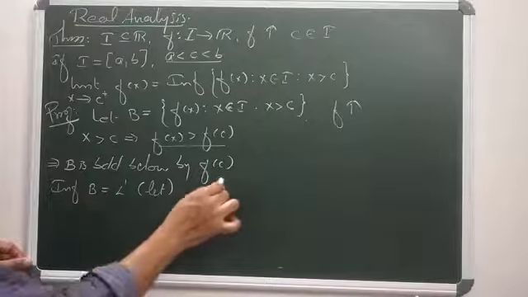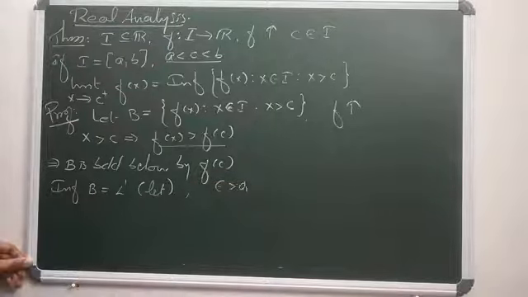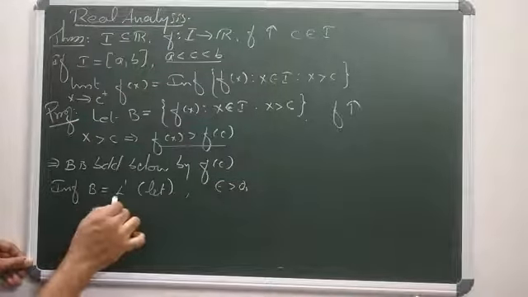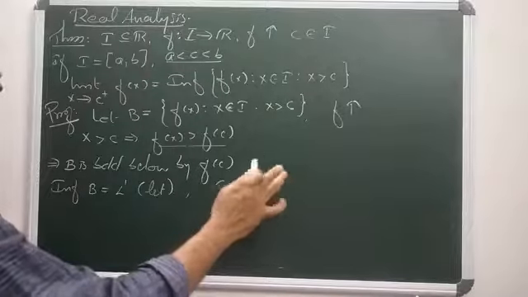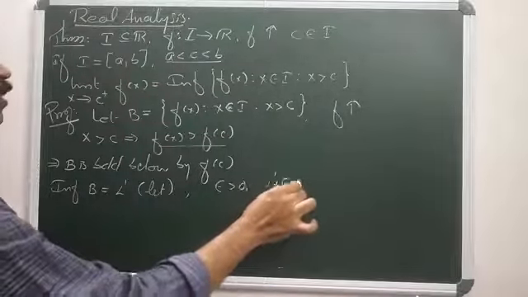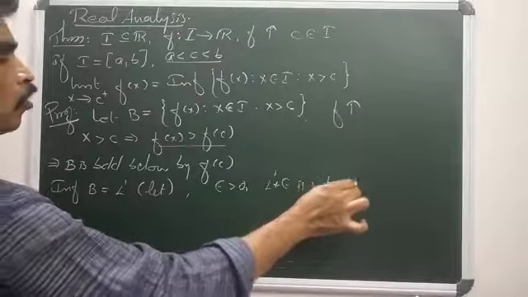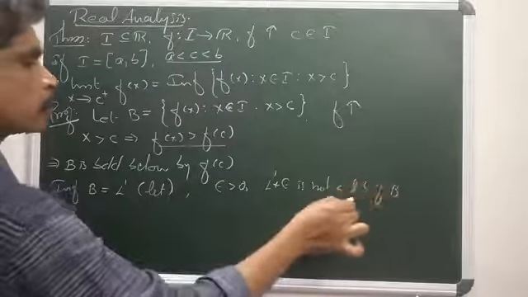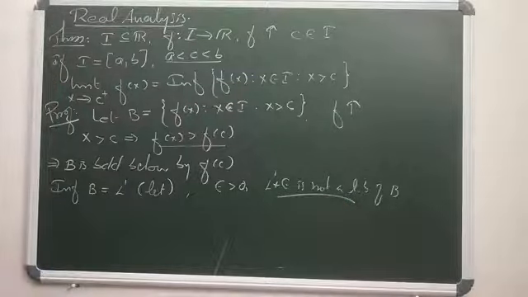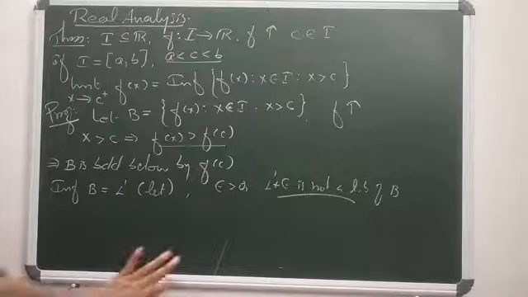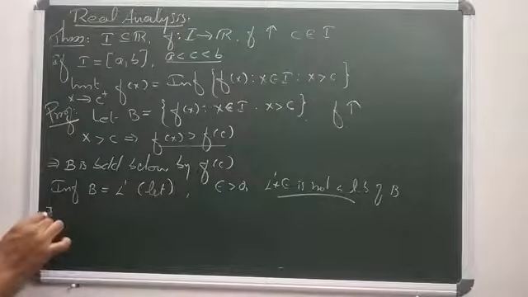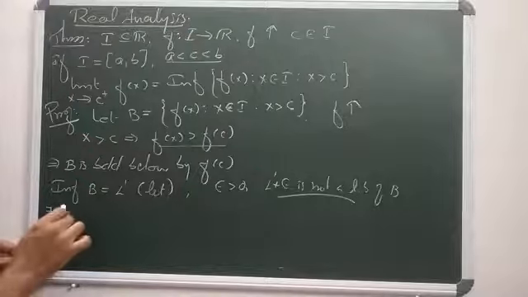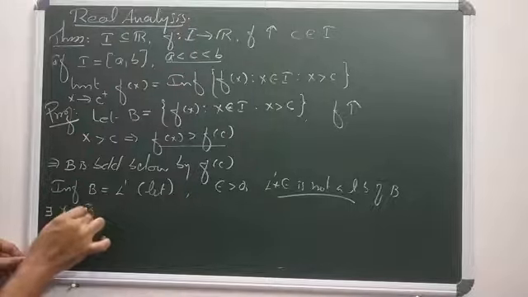But we know that epsilon is positive. Since epsilon is positive and L dash is the greatest lower bound of B, L dash plus epsilon is not a lower bound of B. Since L dash plus epsilon is not a lower bound of B, there exists some y in B. What is B?